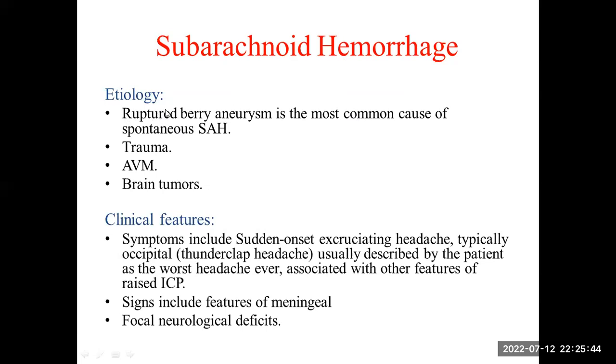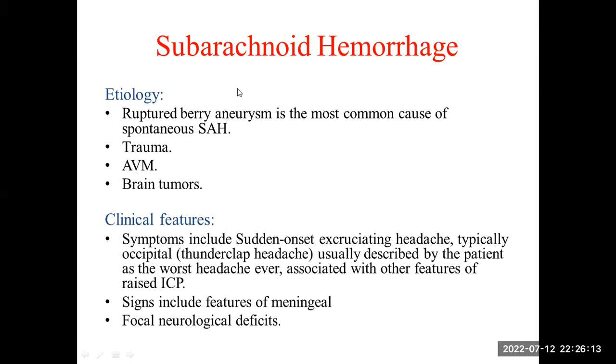The most common cause of spontaneous, non-traumatic subarachnoid hemorrhage is rupture of berry aneurysms. These berry aneurysms are usually found within the anterior circulation, and the most common artery associated with berry aneurysm is the anterior communicating artery. But it can be seen in other parts of the circle of Willis, for example, in the posterior communicating artery.